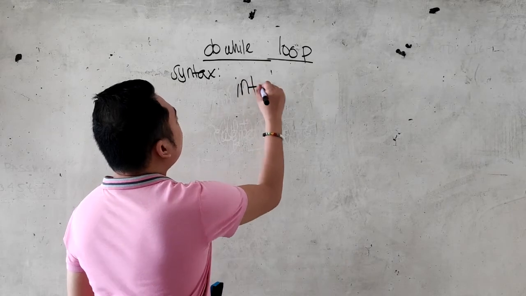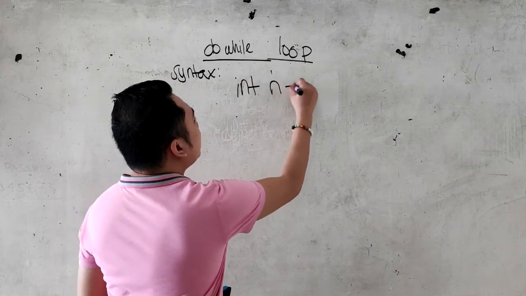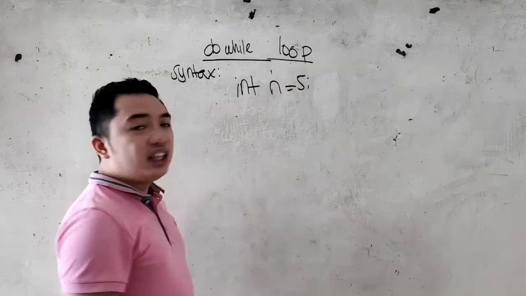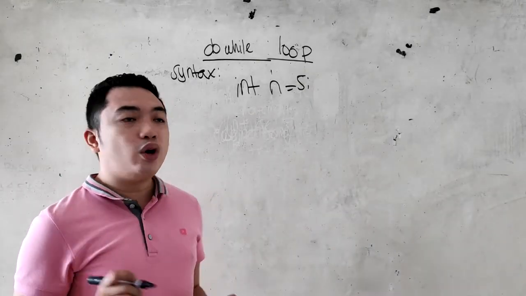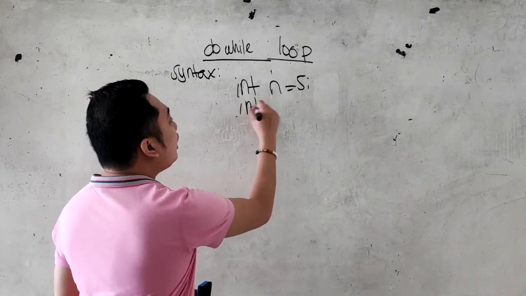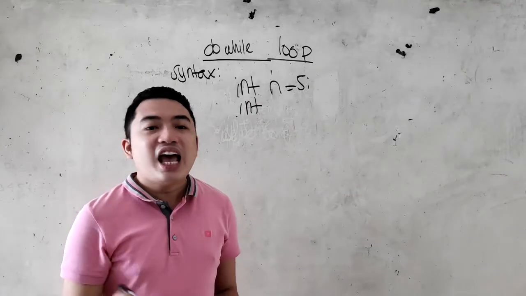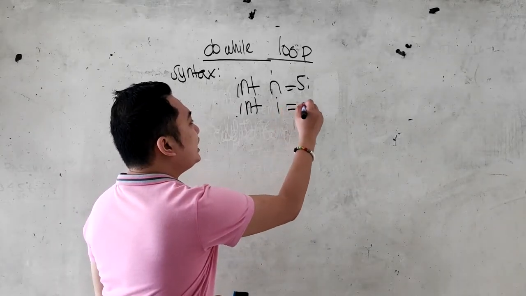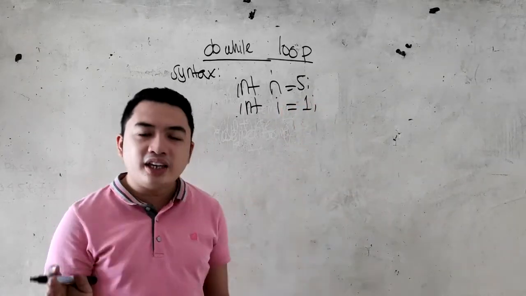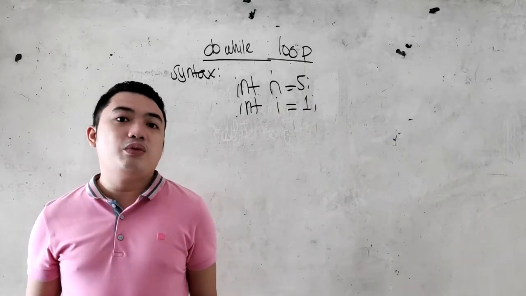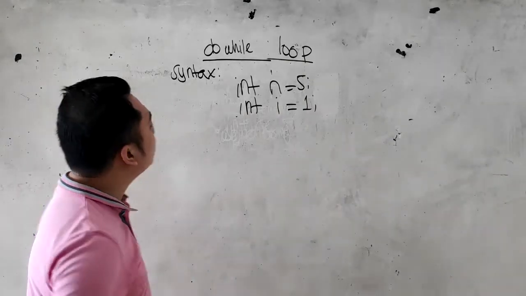Let's name it n equals 5. And then we need a looping variable. Let's call the looping variable i, and we will instantiate it as 1 because we'll be starting with 1 based on our problem.